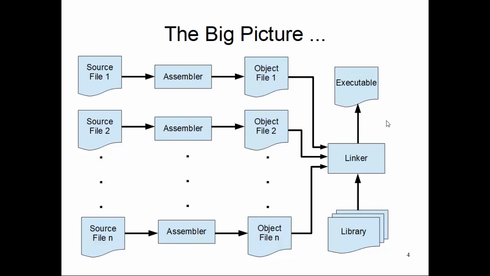So that's the big picture here. When you type in simple gcc on your source code to generate an executable, all these things happen in the background, transparent to you, but these steps are there.